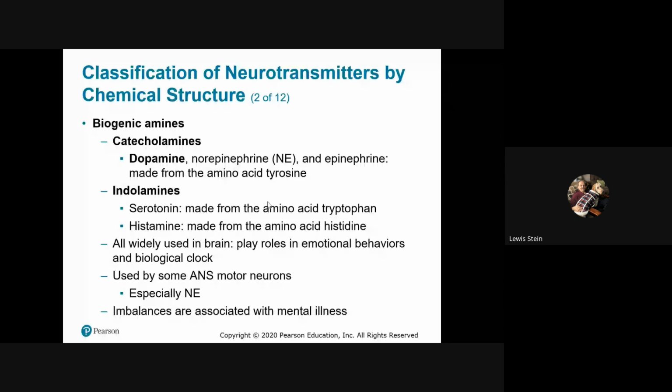Surely the amino acid with the most relevance in this is tyrosine. We talked about it a little bit when we looked at parts of the brain. For those that recall from neuroanatomy, you have dopamine, norepinephrine, and epinephrine. Epinephrine, again, is produced at the adrenal medulla, which we're going to look at in the autonomic nervous system.